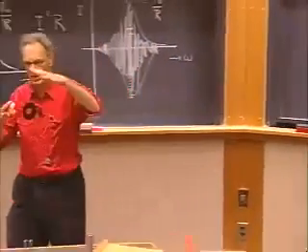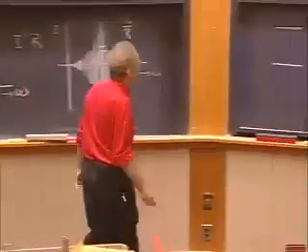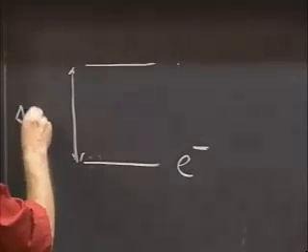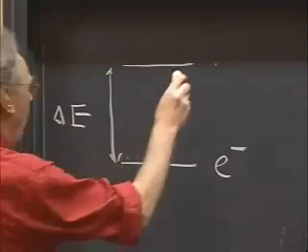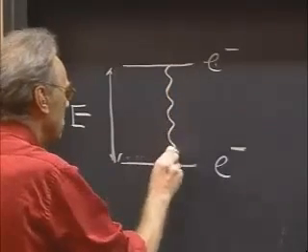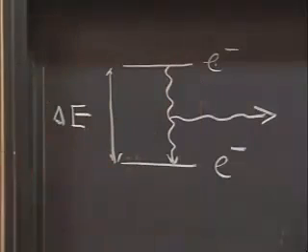As quantum mechanics says, it's one or the other. And if this difference is delta E in energy, this E stands now for energy, then when the electron falls back from here to here, it emits electromagnetic radiation with this energy.